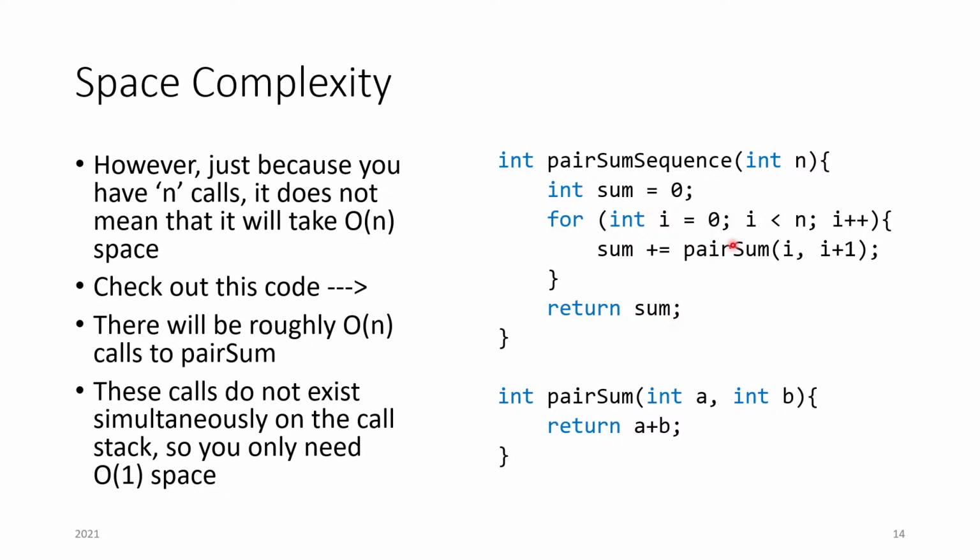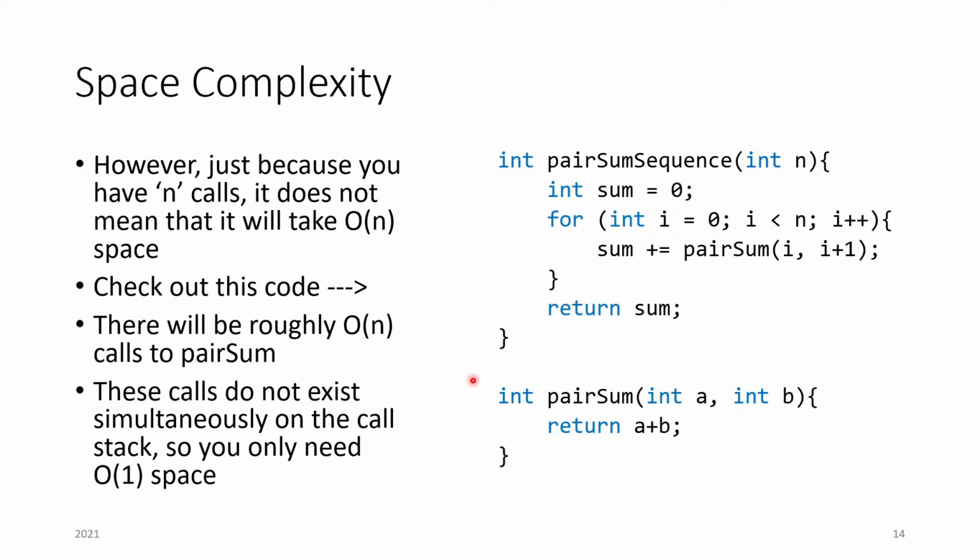So each function call here, once it finds its result and stores it in sum, means that the function is finished executing and it doesn't rely on any other previous or future values, and it can just exit until the next iteration in the for loop.